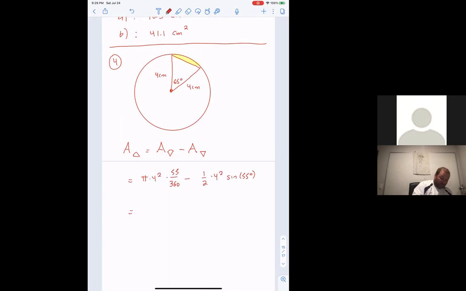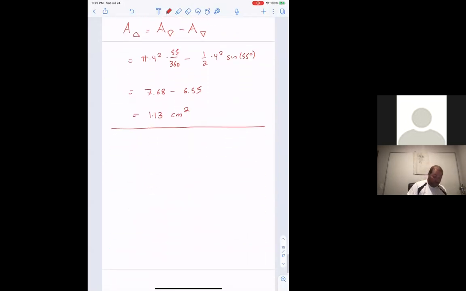So 16 pi times 55 over 360 is 7.68, and 8 sine 55 is 6.55. When we subtract, we get 1.13 square centimeters.